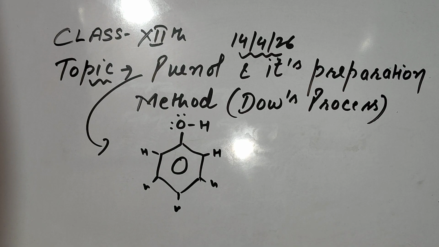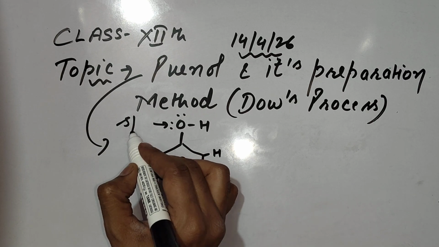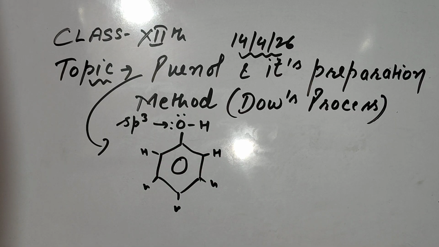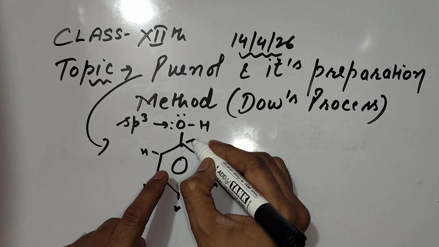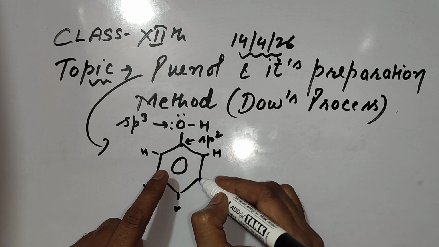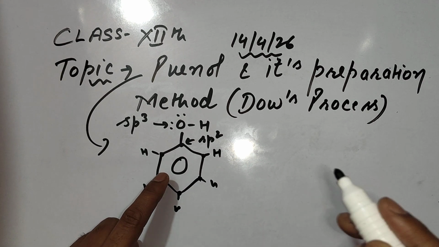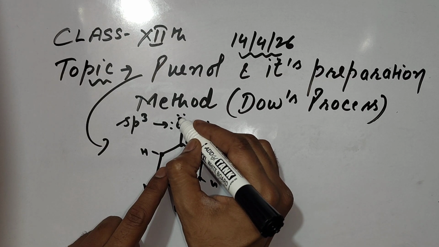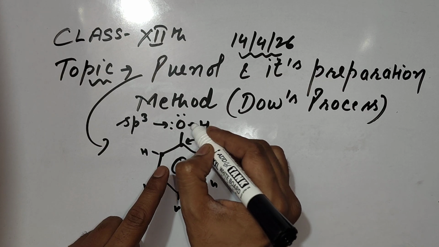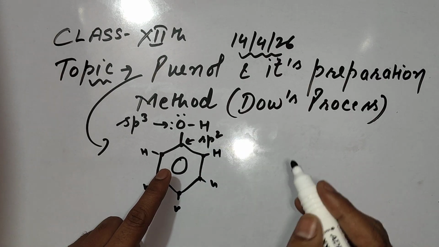It's the chemical formula of phenol, in which oxygen is sp3 hybridized and the carbon to which it is connected is sp2 hybridized. Even all carbons are sp2 hybridized here. This oxygen is carrying 2 lone pairs and the second bond it is making is a sigma bond with hydrogen.